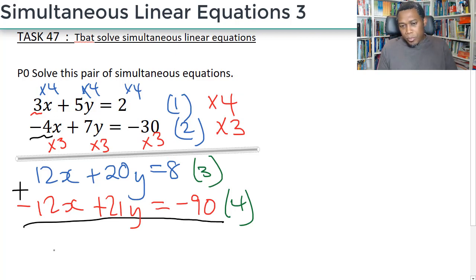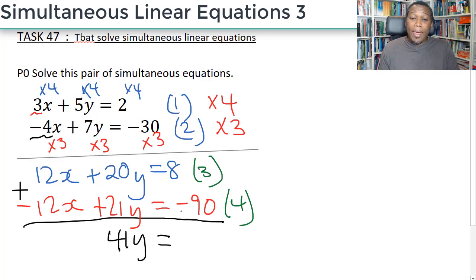Right. I'm doing the subtraction. I got 12x minus 12x. That's a plus and a minus, which makes a minus. So the x's are gone. And then I got 20y plus 21y, and 20 plus 21 is going to give me 41y. And then we have 8 plus minus 90, which is 8 take away 90.